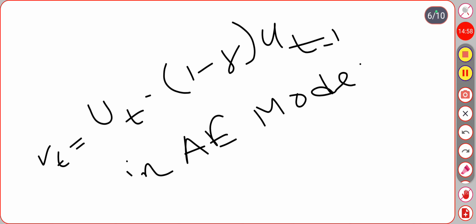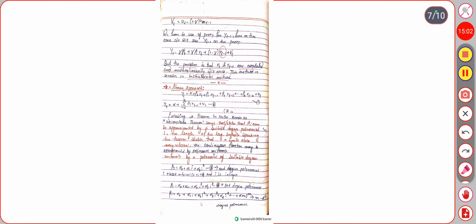So we have to use a proxy for yt minus 1. In this case we use xt minus 1 as a proxy. In the adaptive expectation model we saw previously that yt equals gamma beta naught plus gamma beta 1 xt plus 1 minus gamma yt minus 1 plus vt. If we use a proxy for yt minus 1, we can use xt minus 1. That can be written as yt equals gamma beta naught plus gamma beta 1 xt plus 1 minus gamma xt minus 1 plus vt.